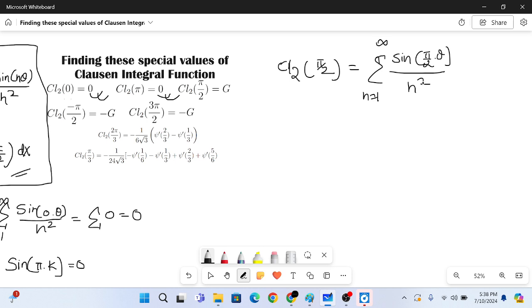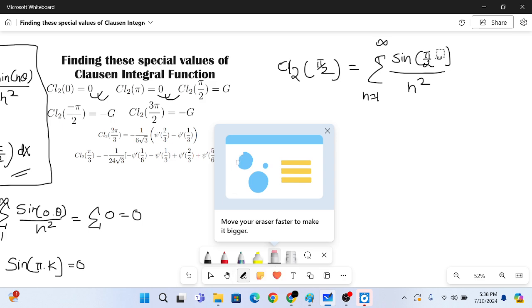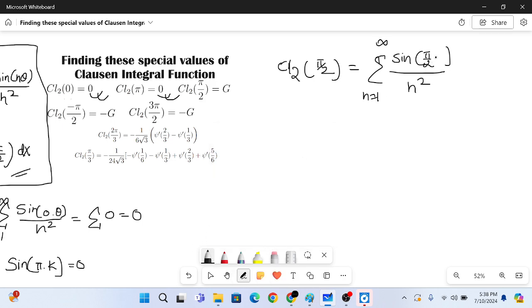Sorry, it is pi by 2 times n, not theta, because theta is pi by 2. So we have the sum of sine of pi by 2 times n divided by n square.